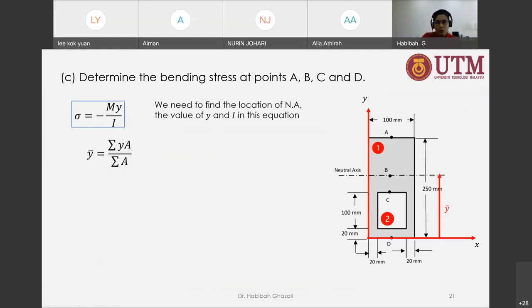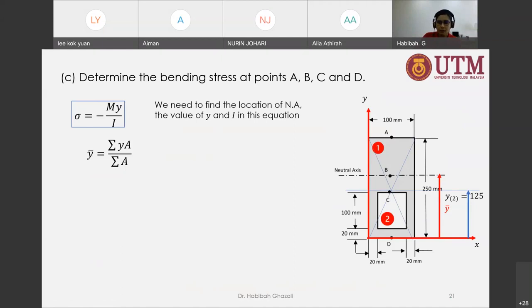Now I need to find the centroid for each of these segments. For the big one, the centroid will be located at the center of that shape. Here I have put that cross there. That will be located at 125 millimeter from the base, from the reference point, so that is from the x-axis.